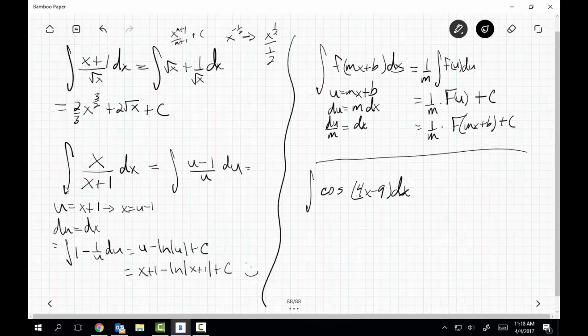For my class, you have permission to not use a u-substitution on this. You can simply look at it, see that this is linear, and know that you're going to end up with a 1/4, or 1 over m. The antiderivative of cos is sine, so this is going to be sine of the linear term, 4x minus 9, plus c, and you're done.